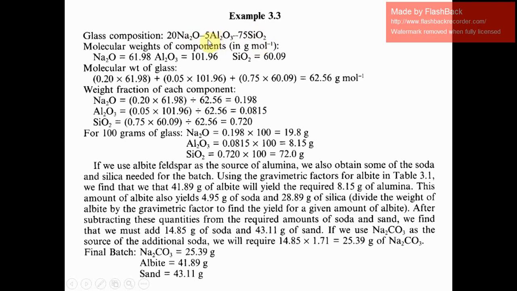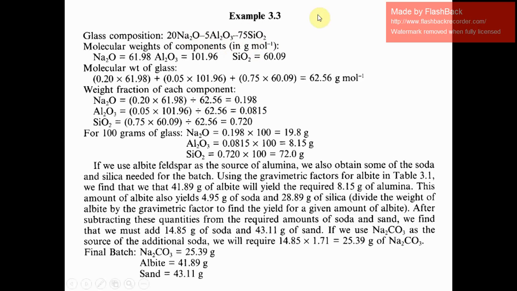So some of the weight fraction we will get from a single raw material, then the remaining oxide we will get from that particular raw material. Let's say for example alumina and sand, we can directly take those raw materials.